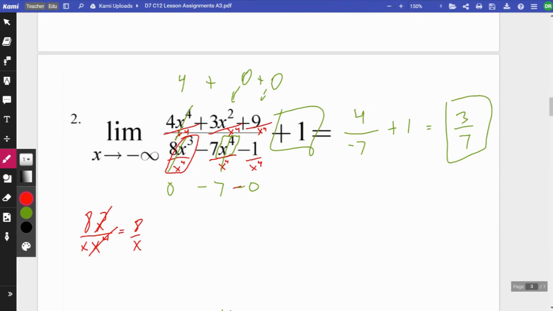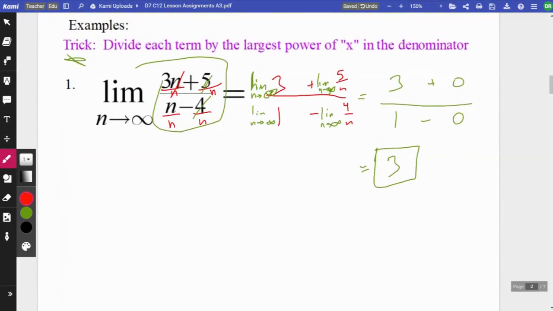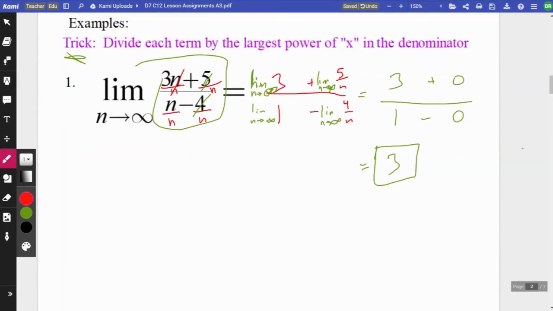And so we only look at the pieces that are important. And the pieces that are important end up being 4, -7, and then this 1 that was just hanging out there. And then the first example is probably the most pure example, in that some of the terms dropped off, became meaningless, and some of the terms held fast. And so they were the consequential ones in our problem, the 3 and the 1.